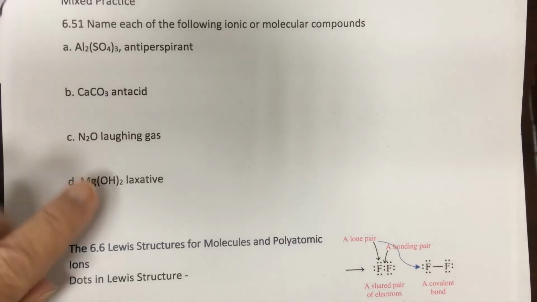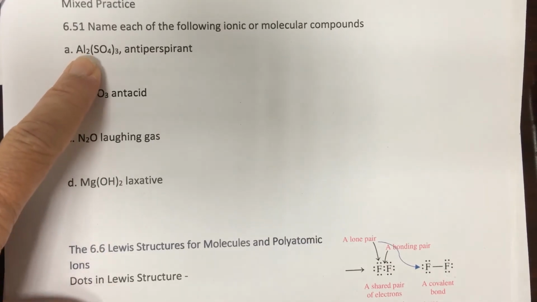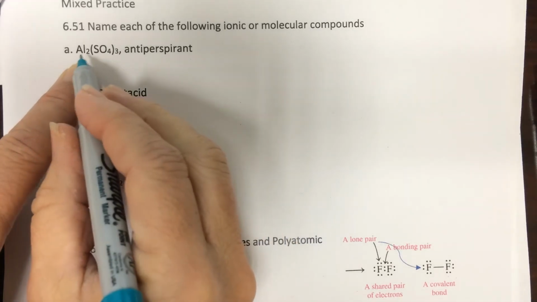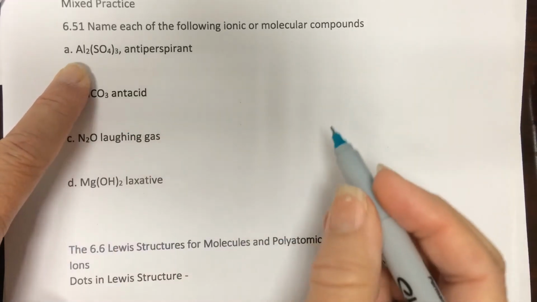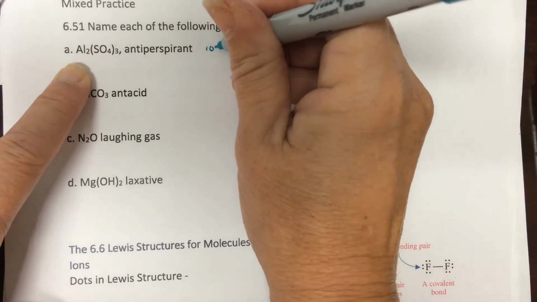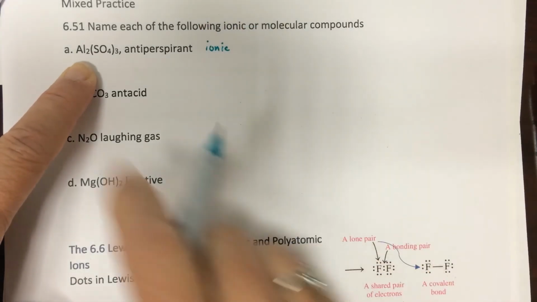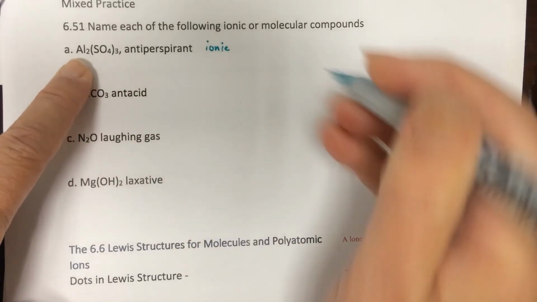Okay, so first we've got this one. First, the thing you want to look at is, do you have a metal? If you have a metal, it's ionic. So aluminum is a metal, and so we have an ionic compound. We're going to have to use the ionic naming system. This first is an aluminum.